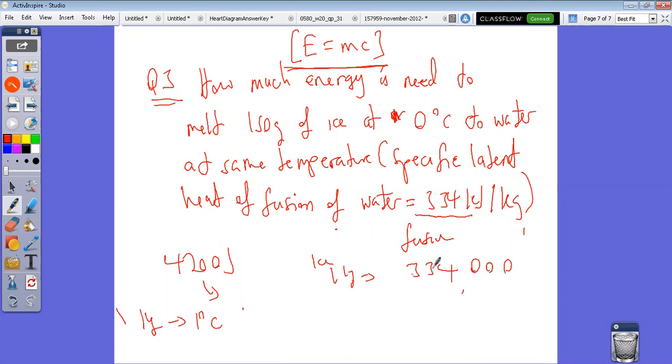Can you see how many times that is? Divide it by 4,200. That's a big number. Can you see that it is more than 80 times?